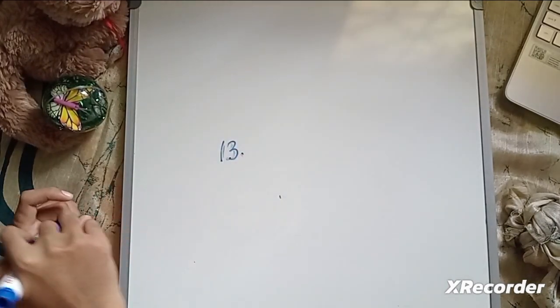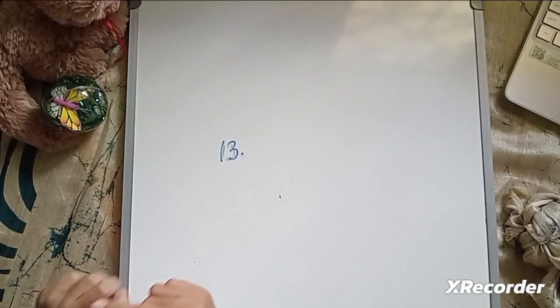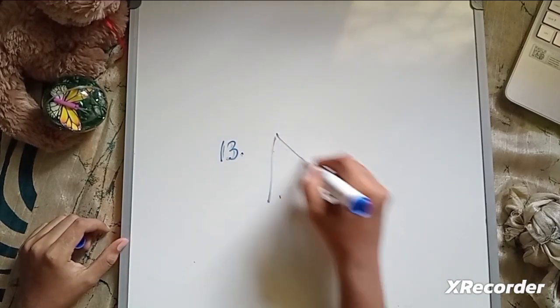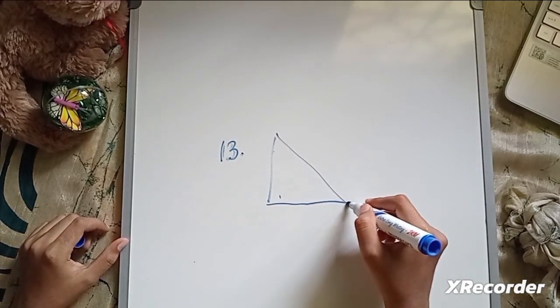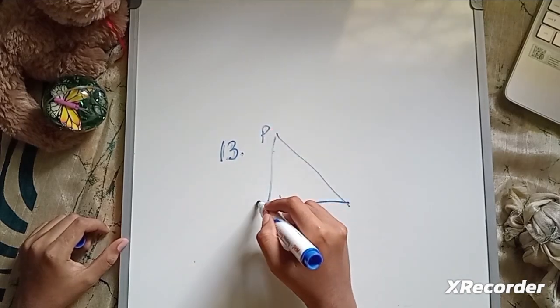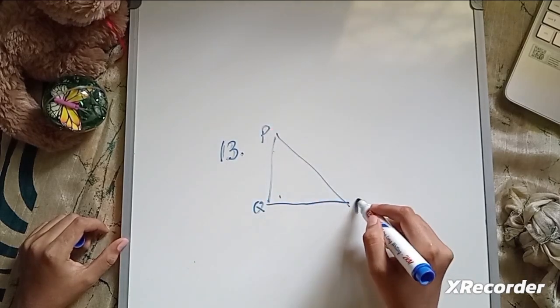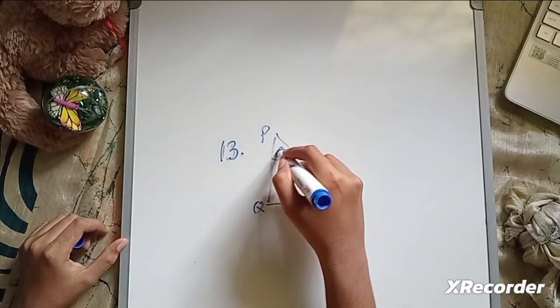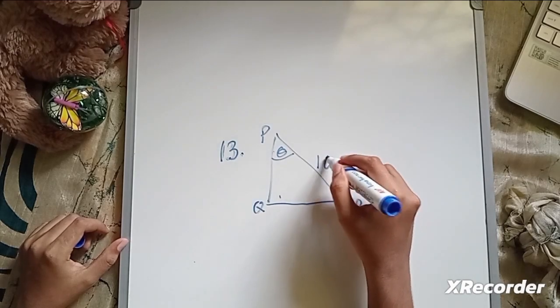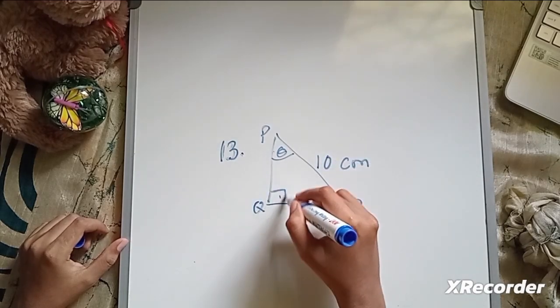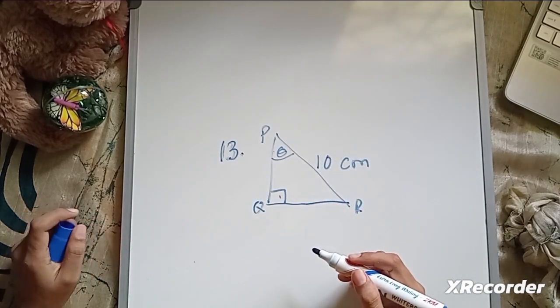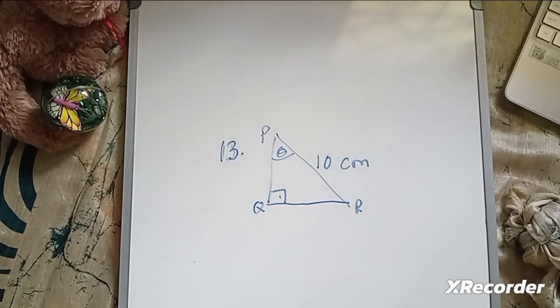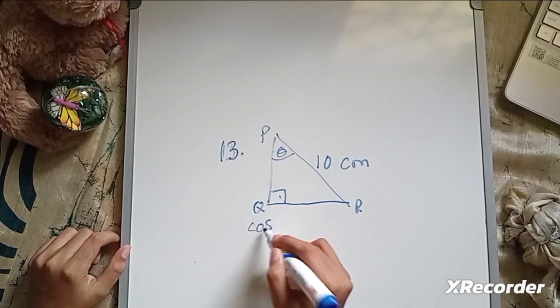Let's do question number 13. They have given a diagram here. P, Q, R. This is theta, and the hypotenuse is 10 centimeter, and this is a right angle triangle. So they have given cos theta.